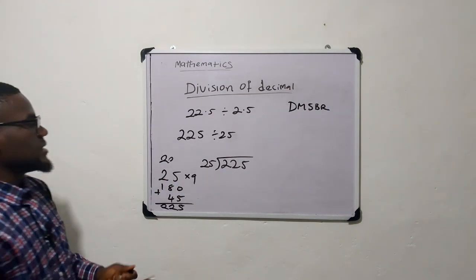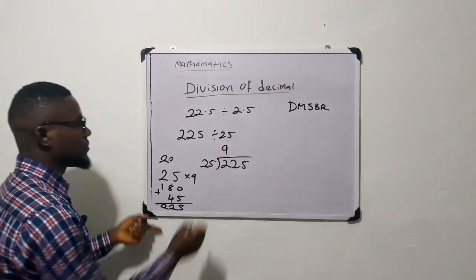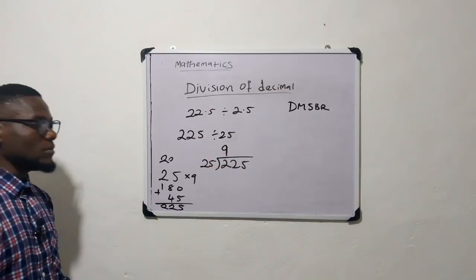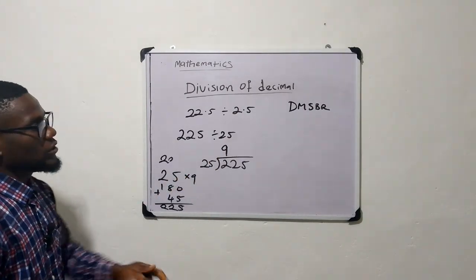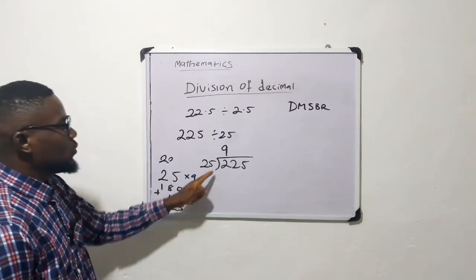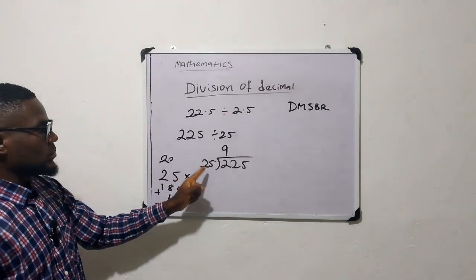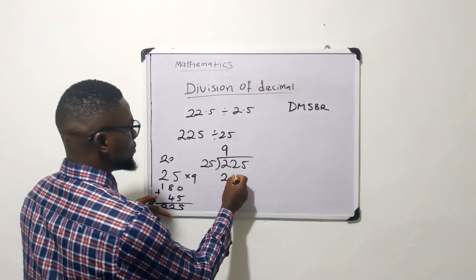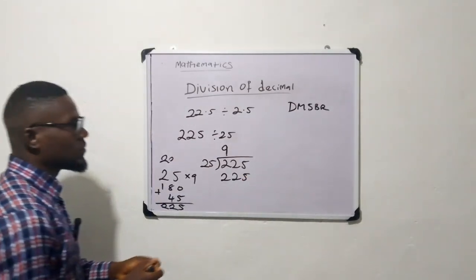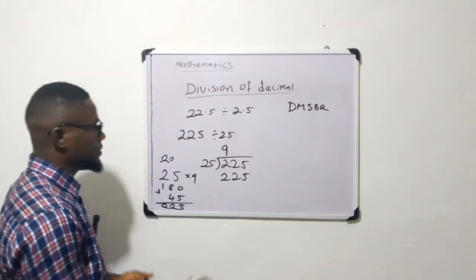So you want to write 9 here. Now we are done with division, and we have to multiply. When you multiply 25 by 9, you're going to have 225. We are done with multiplication. Now subtract.